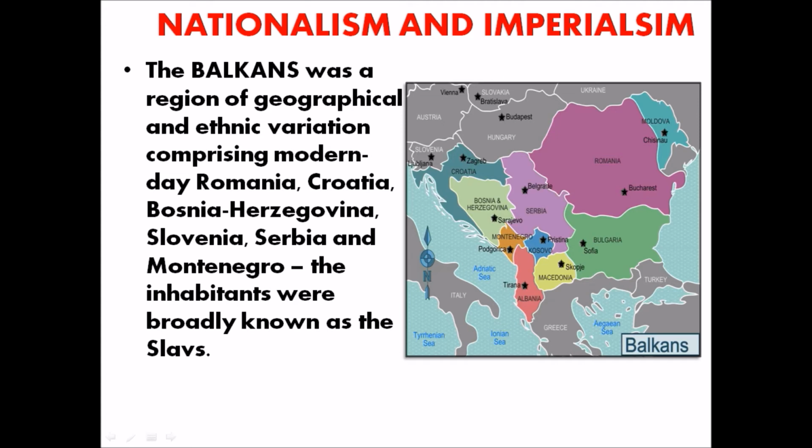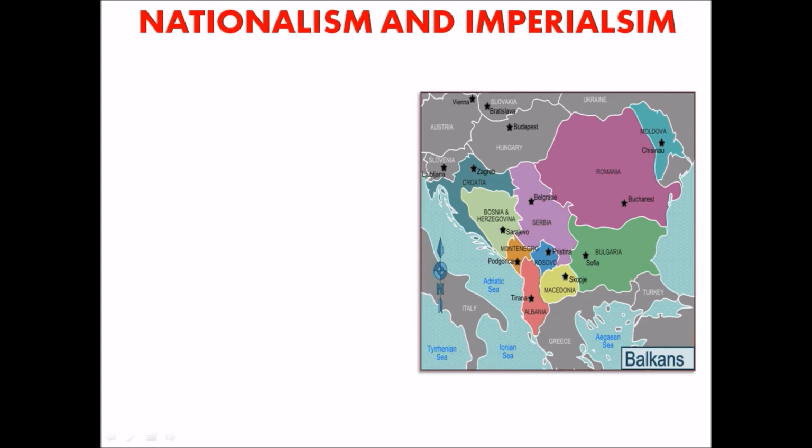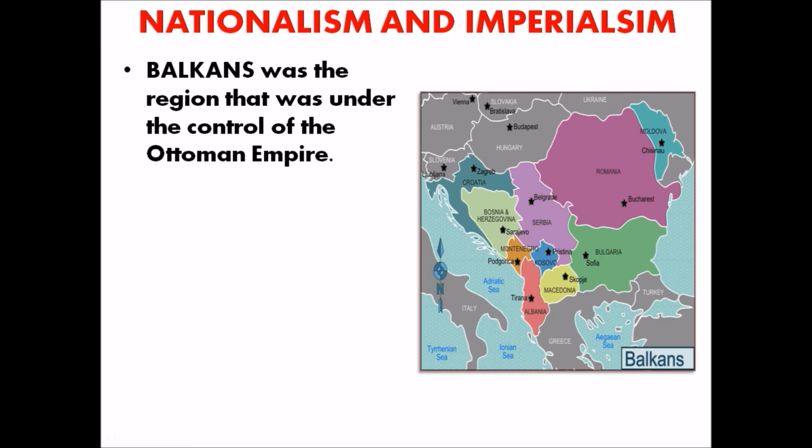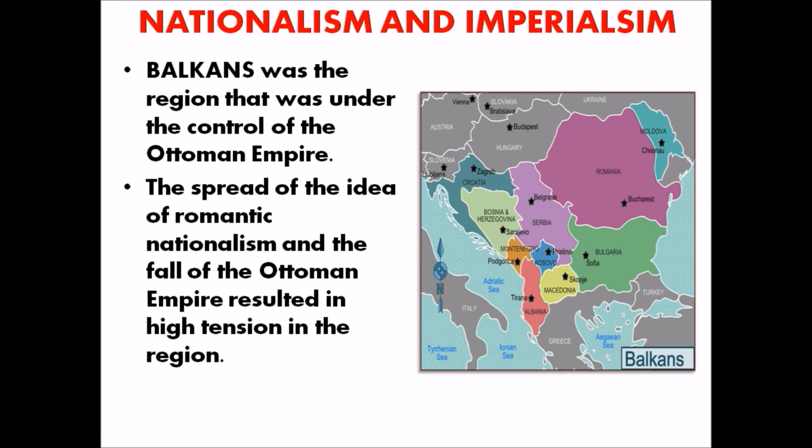The inhabitants were broadly known as the Slavs. The Balkans was the region that was under the control of the Ottoman Empire. The spread of the idea of romantic nationalism and the fall of the Ottoman Empire resulted in high tension in the region.